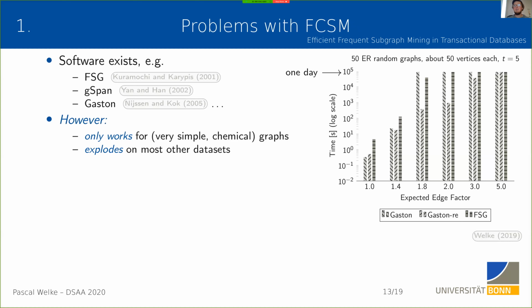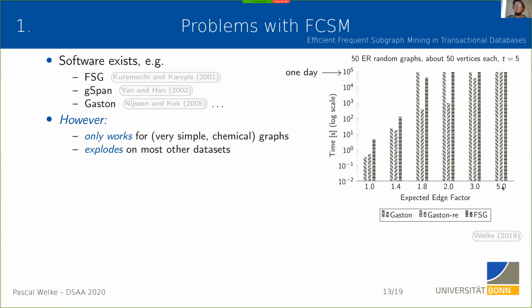So here on the right, you see a plot. On the x-axis, we increase the density of the graphs. And the database that we're considering here is 50 graphs with roughly 50 vertices each. Then we have 50 edges each on average, and then this goes up to 100 edges on average and to 250 edges on average.